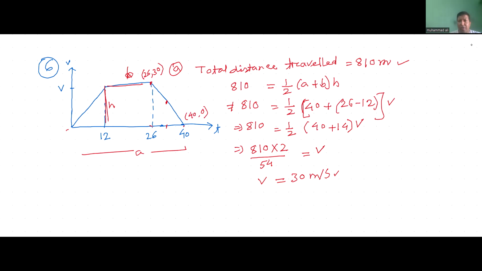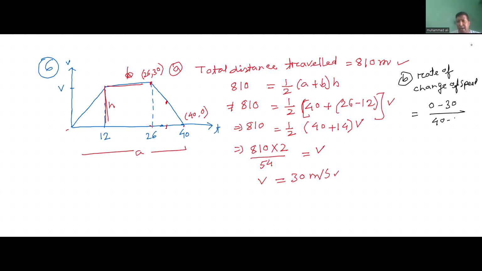So if we find the rate of change of the speed when t equals 40, that means we are finding the gradient. So rate of change of speed equals the difference between the y coordinates, that means 0 minus 30, divided by 40 minus 26.